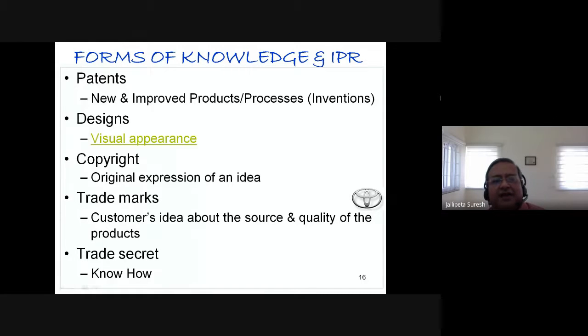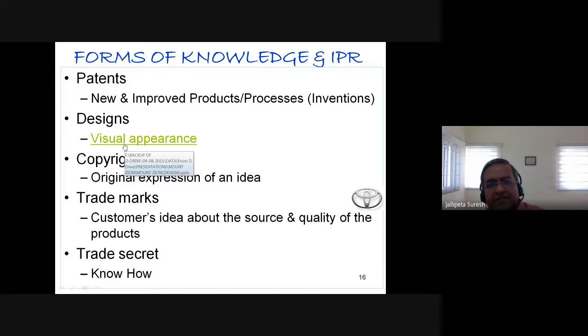Now let's look at the types of intellectual property rights. When you talk about patents, patents are for inventions, and inventions could be new or improved products or processes. We are going to look into more detail in the next session. And when we talk about designs, more often we are not influenced by the way it works.